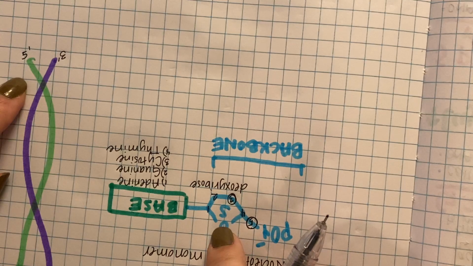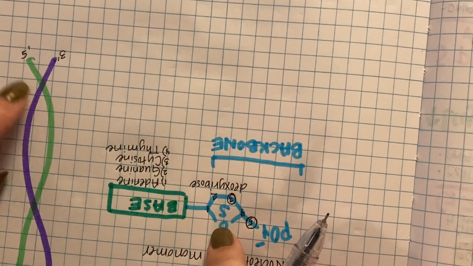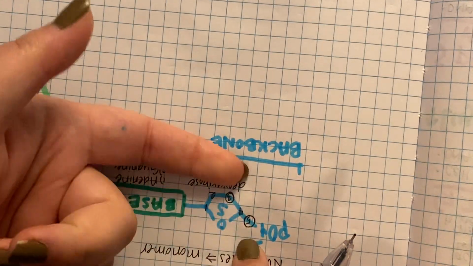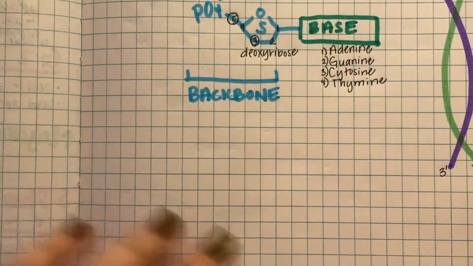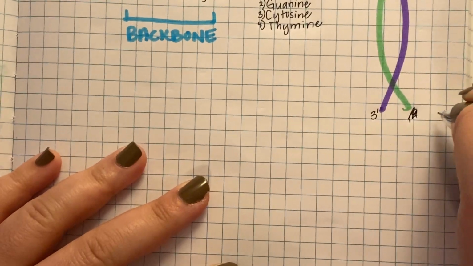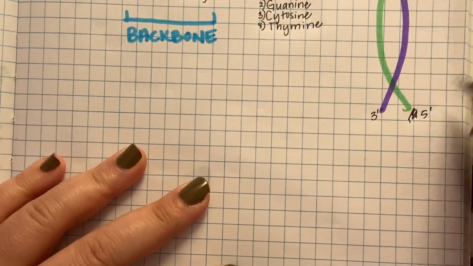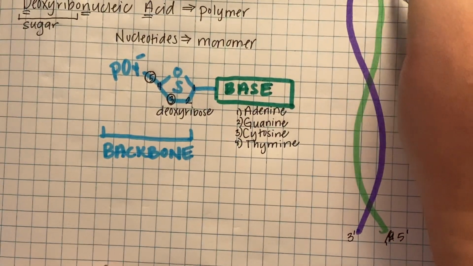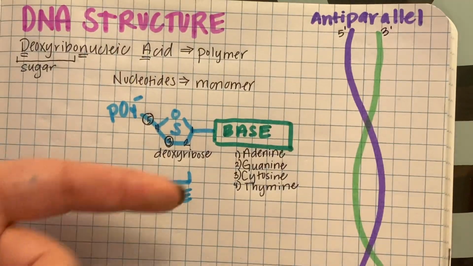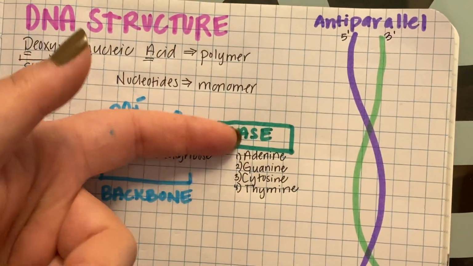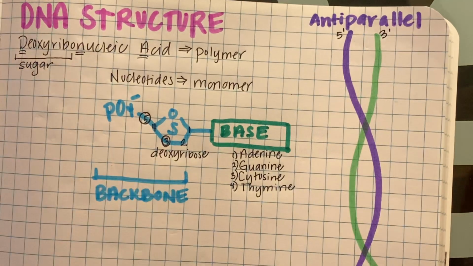Did I do that right? Oh no, we needed to flip. Sorry, this needs to be flipped. I'll draw it. The 5' carbon will be down here. This is getting crazy. I wrote upside down. Okay, 5'. And then up here will be the 3' carbon, because our nucleotide is going to be mirrored and flipped.